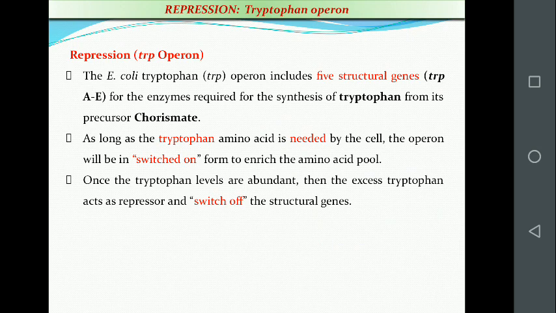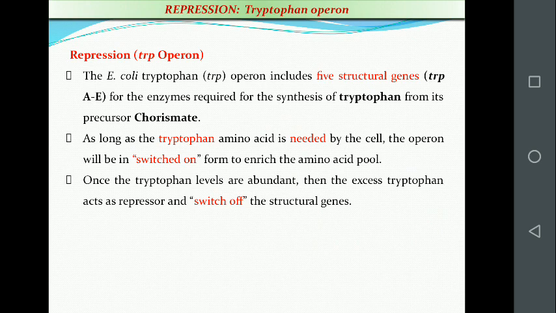The best example to explain the repression process in prokaryotes is the tryptophan operon. Before learning about the tryptophan operon, let us see what tryptophan is, and what the functions of the structural genes of the tryptophan operon are.